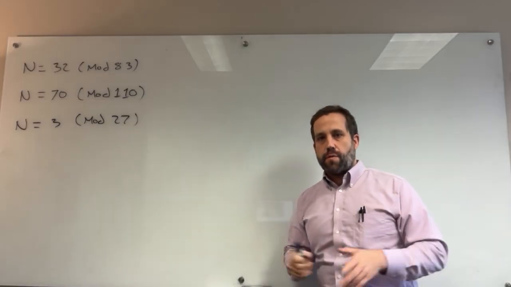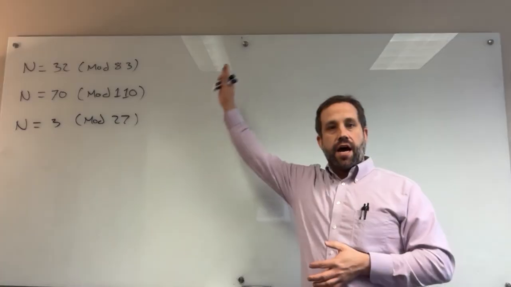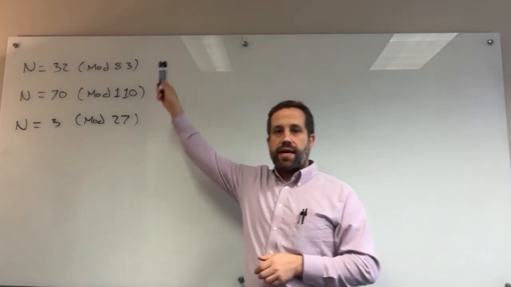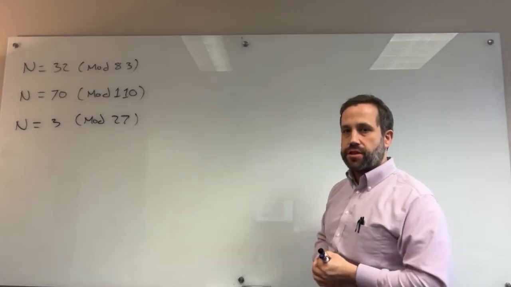Anyways, I'm not going to talk about that anymore. He was able to do that, but I'm going to look at the more specific case where we have moduli that are all pairwise relatively prime. Okay, that's good.